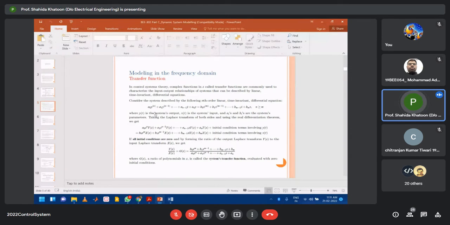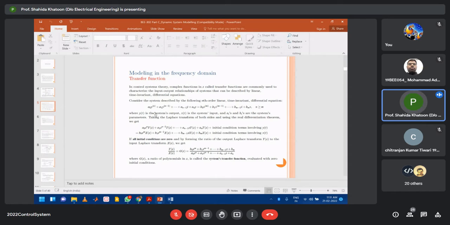a naught y to the power n. Y to the power n means this is the nth differential, d^n y by dt^n, plus a1 y to the power n minus 1, so it is the n minus 1th differential, d^(n-1) y upon dt^(n-1). This process continues till a(n-1) y dot plus a n y. Y dot is basically dy by dt.